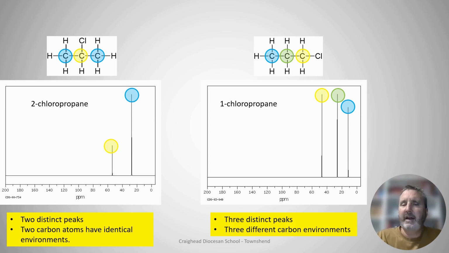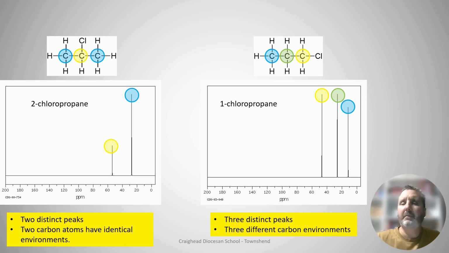But notice how each of these is unique. The yellow one has a chlorine and 2 hydrogens, the green one has 2 hydrogens and is attached to a CH3 and a CH2Cl, and the one on the left is 3 hydrogens. So we have 3 different environments.